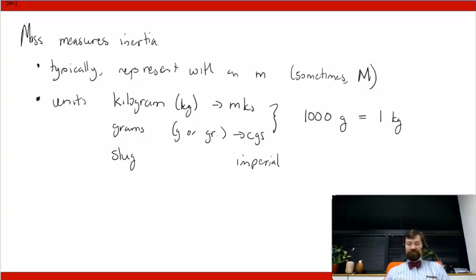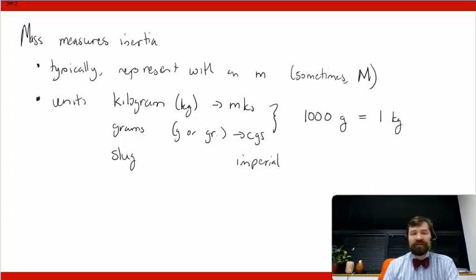So the more mass something has, the more force you have to apply in order to make the object either speed up or slow down by a given amount, or in a given time, or the more force you have to apply to get the same amount of change in direction for its motion. So all of those things are kind of ways of saying this is what mass is.